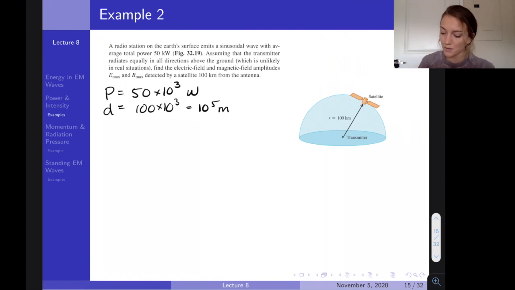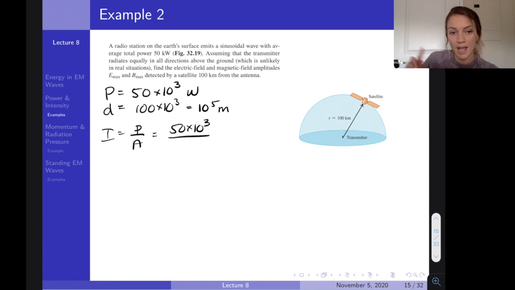So first, let's find the intensity. The intensity is power over area. The power is 50 times 10 to the 3. The area is half a sphere. A full sphere is 4 pi r squared, so we're only looking at 2 pi r squared. And then let's just plug this in.